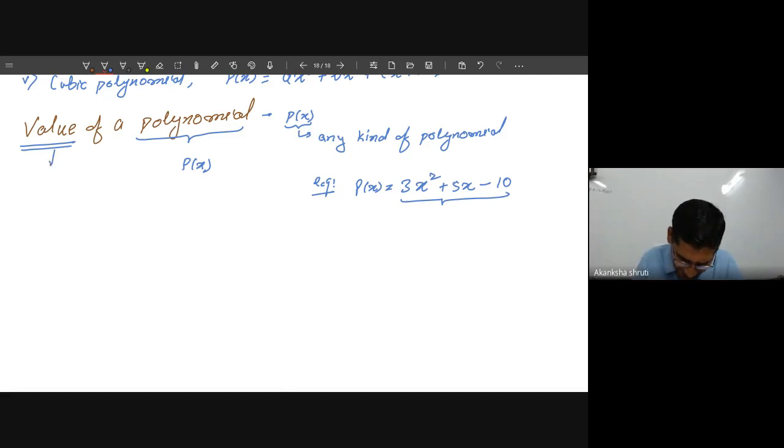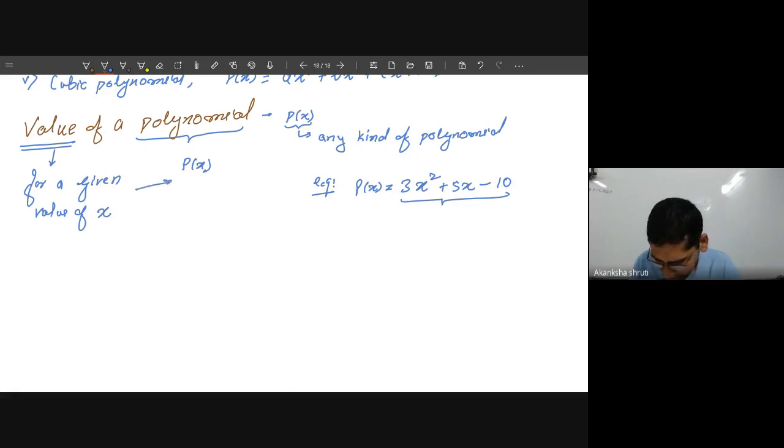So value means it is for a given value of x, this p(x) is equal to what? This we want to know.